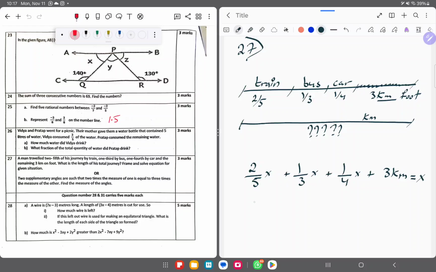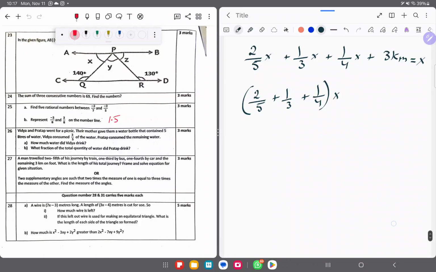So if I add 2/5 plus 1/3, will I get something more than 1, or something less than 1? So 2/5 plus 1/3 plus 1/4, all of it times x, plus 3 kilometers is equal to x.